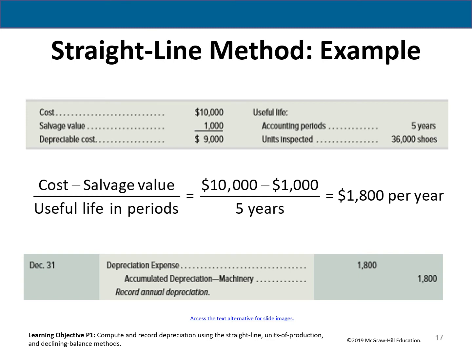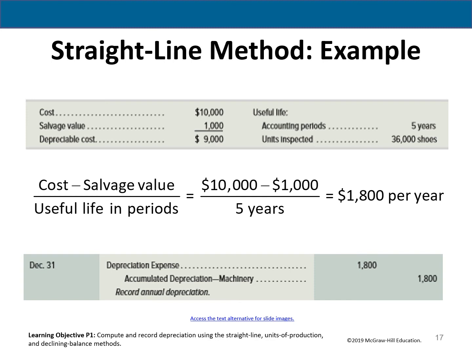So take 10,000 minus 1,000, 9 grand, divide by 5 years. So under straight line, this machine will be expensed $1,800 each year. And it doesn't change. You don't have to calculate it again. Once you calculate a full year's depreciation, that's the dollar amount for the next 5 years.